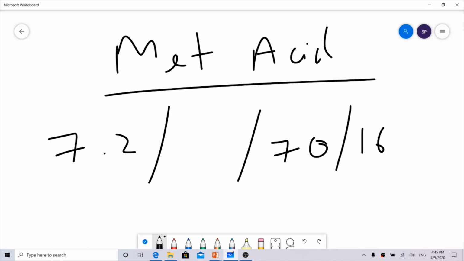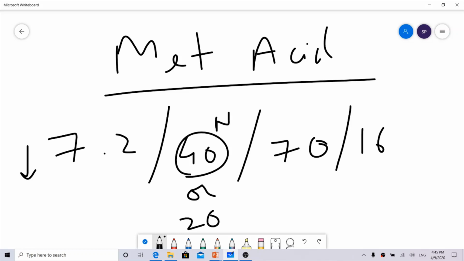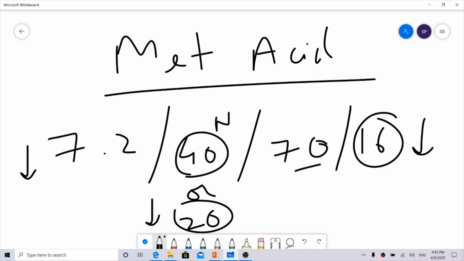Now when we are having a bicarb of 16, you can have the CO2 either normal or low. So here the pH is low and the bicarbonate is low, so this is correlating with bicarbonate.